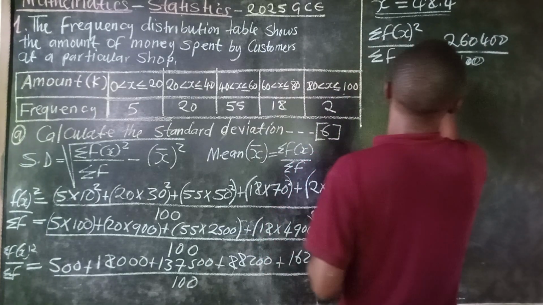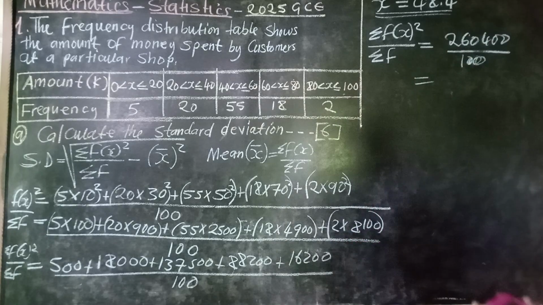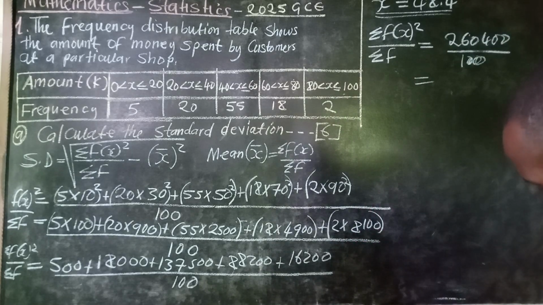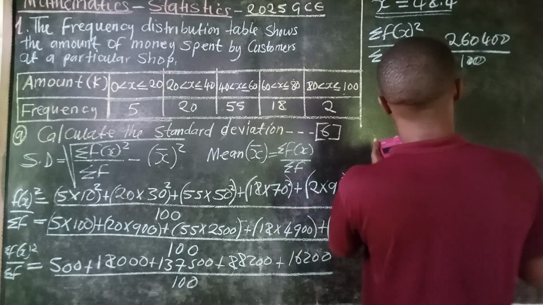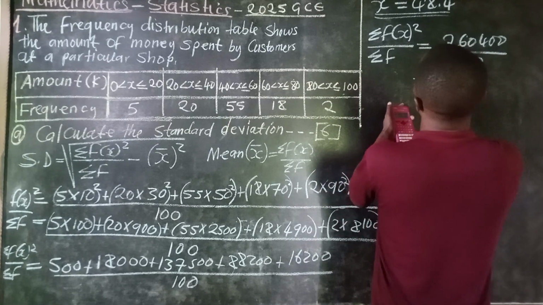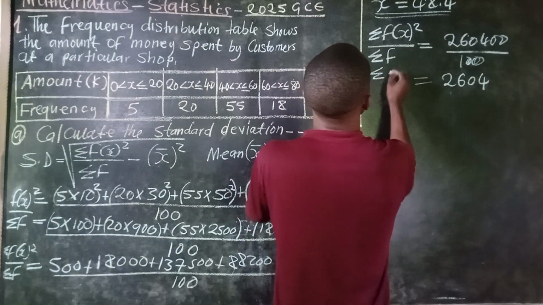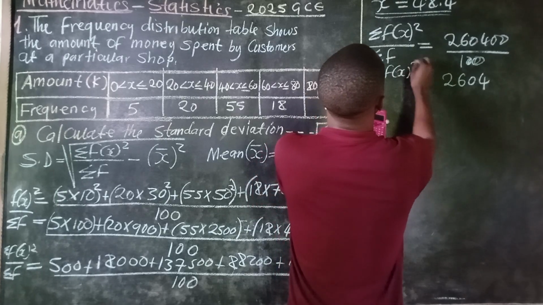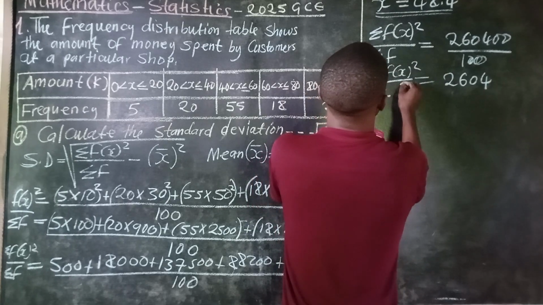Okay, so now from there, we can boldly say this one divided by 100. What are we having? We are having 2,604. Okay, so this is our summation f of x squared over summation f.